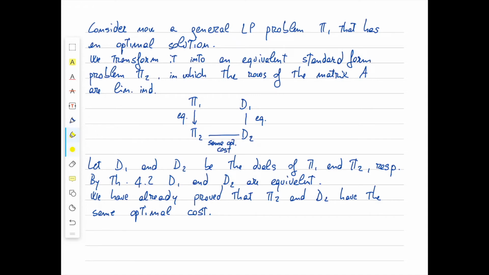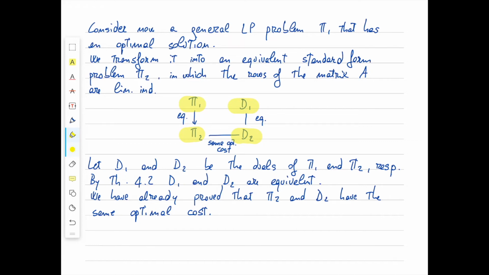Now we're almost done. We want to show that pi1 and d1 have the same optimal cost. We know that pi1 has the same optimal cost as pi2 because they're equivalent. Now pi2 has the same optimal cost as d2, and finally we know that d2 has the same optimal cost as d1 because they are equivalent.